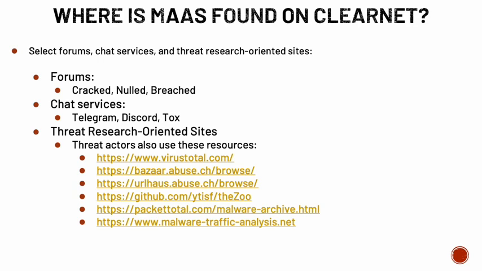An example would be if a company uploaded malware that was used on them onto VirusTotal, which companies should never do, by the way. Or determine if their own malware has been reverse engineered, whereby they may need to alter their own TTPs. The list here includes MalwareBazaar, URLhaus, theZoo, Packet Total Malware Archive, and Malware Traffic Analysis.